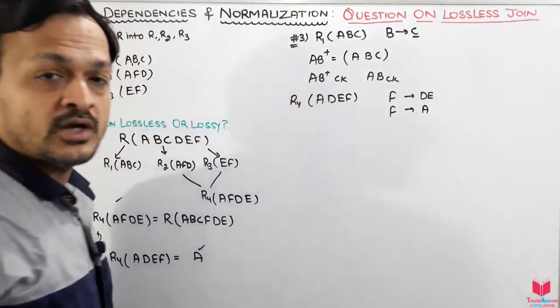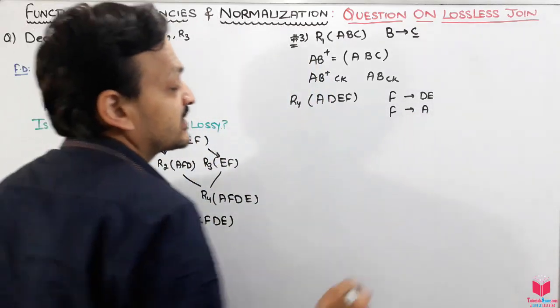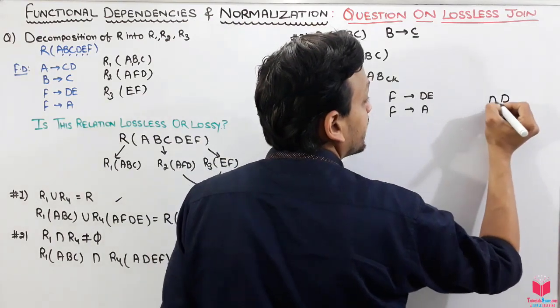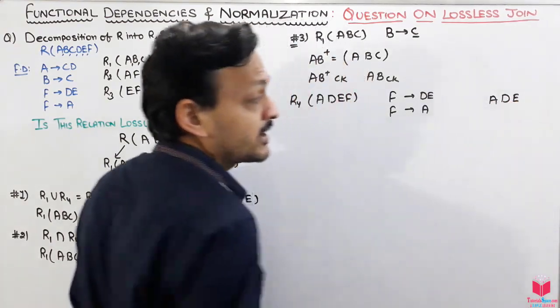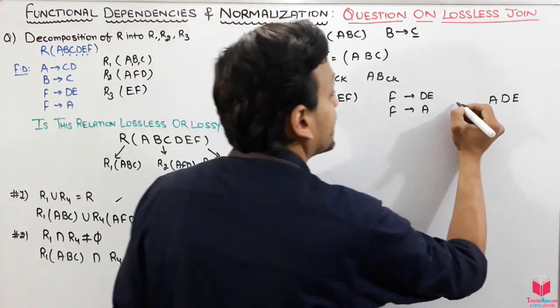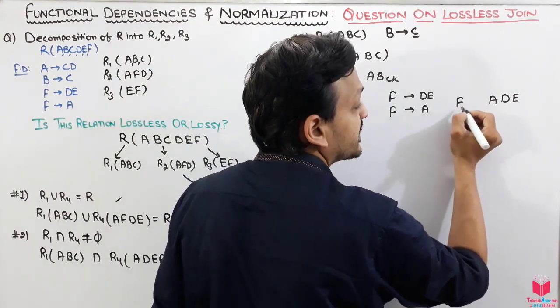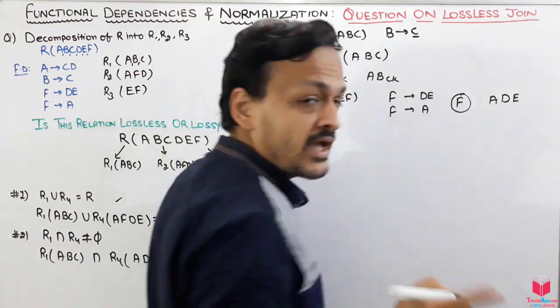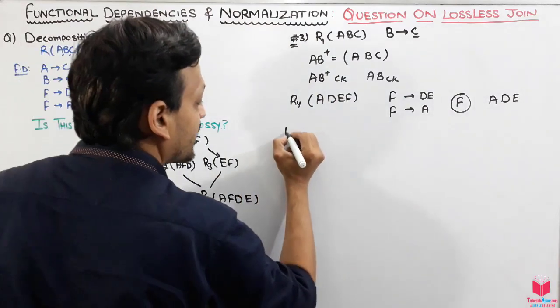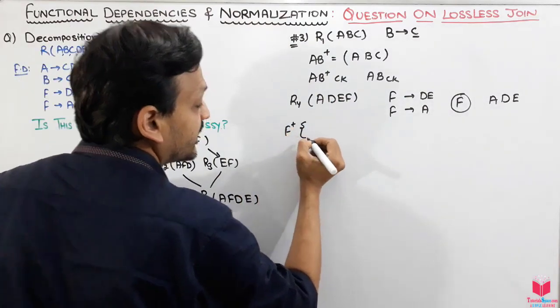Okay guys, now see what are the attributes on the right hand side, that is A, D, E. What are the remaining ones? The remaining one is F, which is on the left hand side. So we will take F's closure, and in the F closure I should get all the attributes.